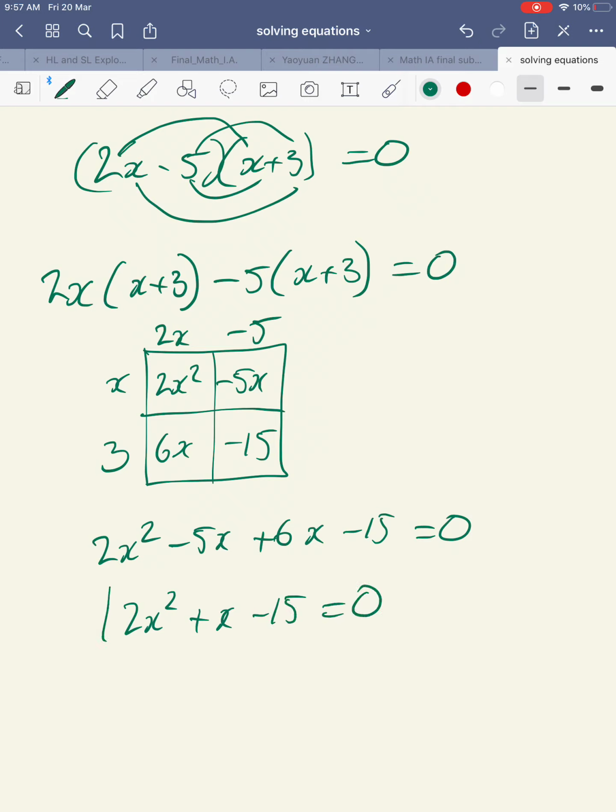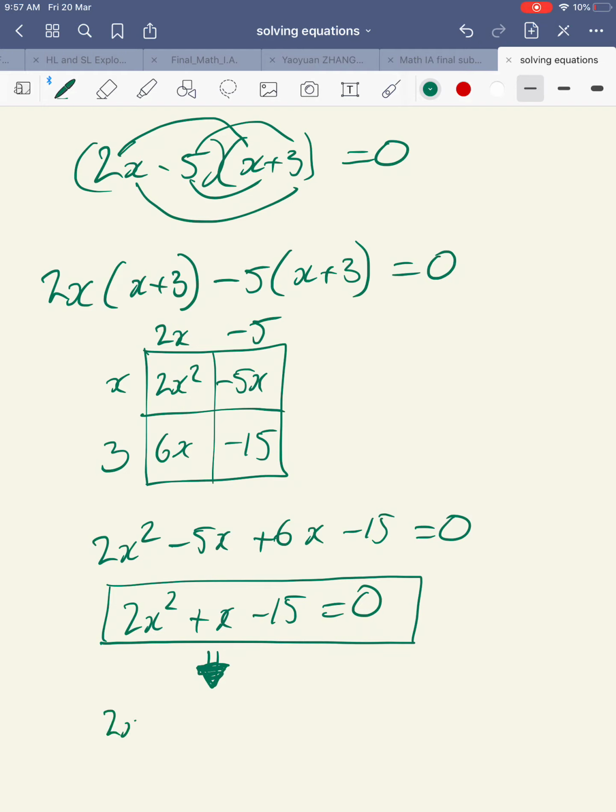So now we get to the point of this video. If I have an equation 2x squared plus x minus 15 equals 0, one of the key methods I can use to solve it is by rewriting it into factorized form. Remember, factors are things that multiply together.